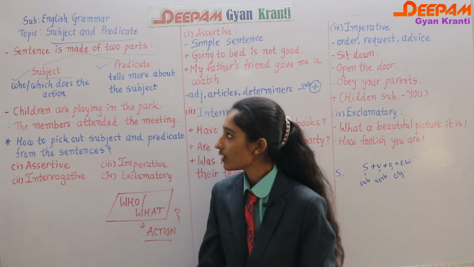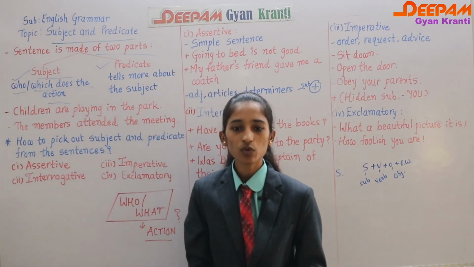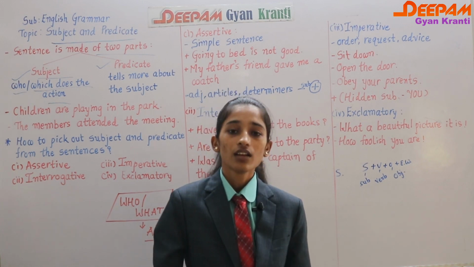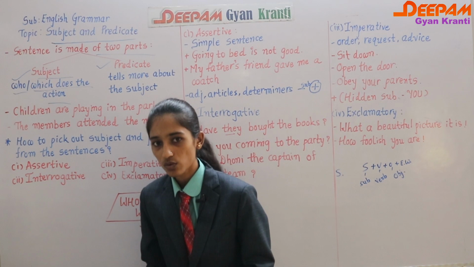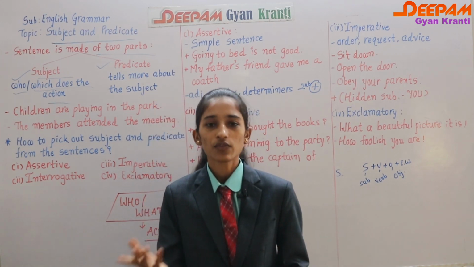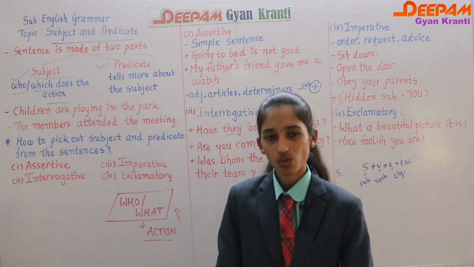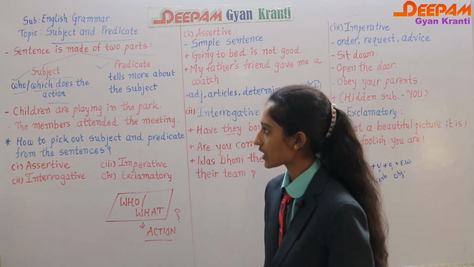Subject means the person who or which does the action. You know very well that generally living things are the subject, and sometimes non-living things also. There will be an exercise where you have to bifurcate sentences into subject and predicate.